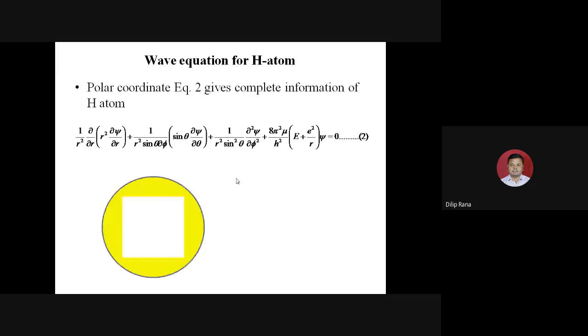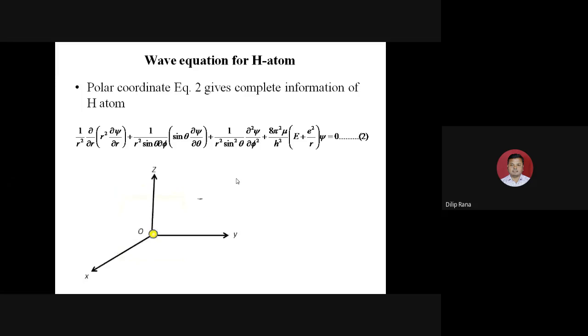similarly for the angular part. So this is the equation, the pictorial representation. r is the radial distance. This mu is nothing but the reduced mass of the electron. We already discussed in the previous session why reduced mass is taken. Then this is the angle, the axial angle theta.